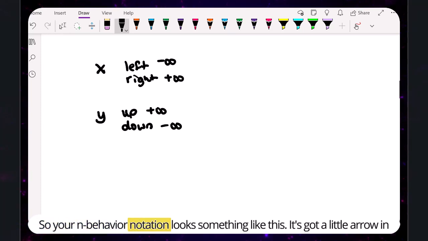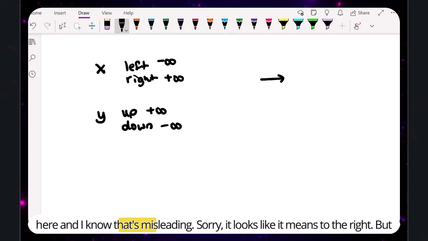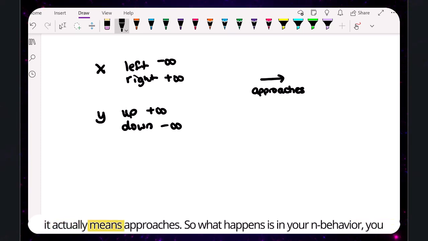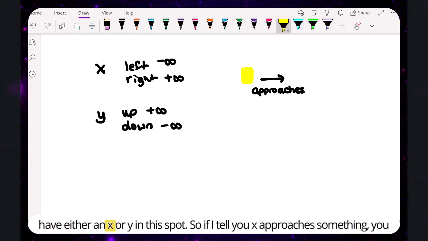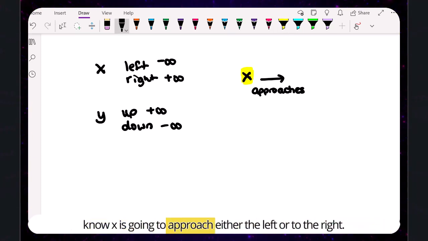So your end behavior notation looks something like this. It's got a little arrow in here, and I know that's misleading. I'm sorry. It looks like it means to the right, but it actually means approaches. In your end behavior, you have either an X or a Y in this spot. So if I tell you X approaches something, you know X is going to approach either the left or the right.